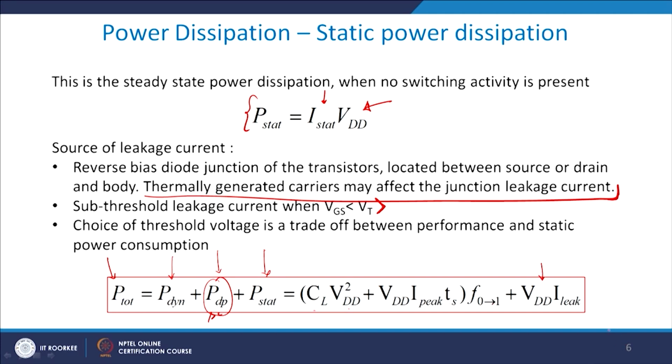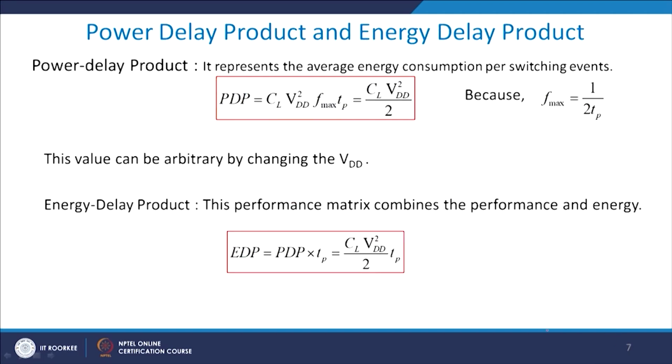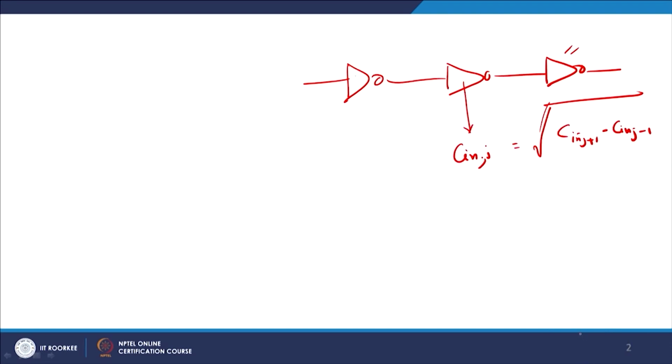I will explain one important term, which is not here, but maybe I will explain it here. I define a term known as the activity factor, alpha 0 to 1.